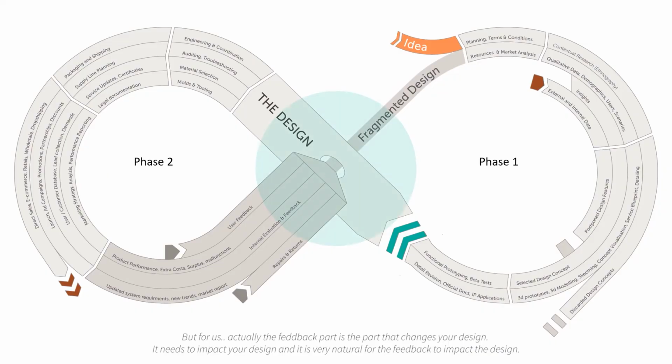It's just a way of bridging the circle gap, or extending the line. But for us, the feedback part is the part that changes your design. It needs to impact your design. As I said before, it's very natural for the feedback to impact the design.